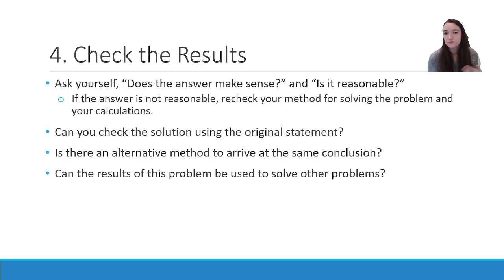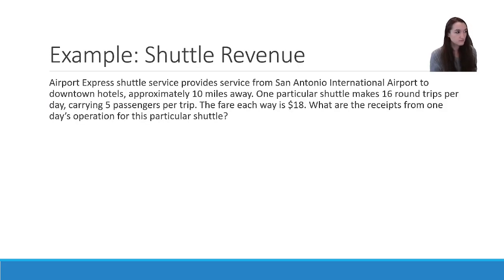So let's go over a few select problems in various areas that use a bit of algebra, but we're going to use some problem-solving techniques. This is the most clearly algebra stuff you're going to see in this class, actually, because it's not a very algebra-based course. So here we have an example on shuttle revenue.